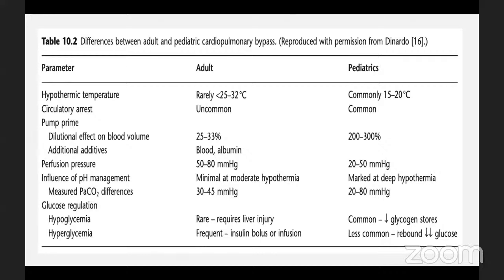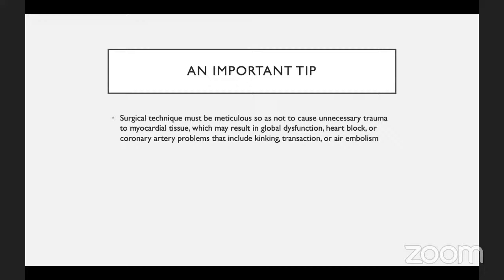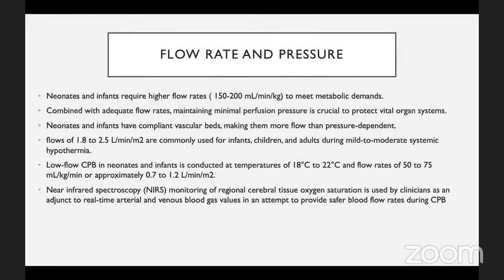The Dubois formula, which we all commonly use to calculate perfusion rates, we don't use that. To calculate BSA in children, we use either a Haycock formula or some other formula. But it's important to use the flow rate. Up to 3 kilograms, it's roughly 200 ml per kilogram flow rate.